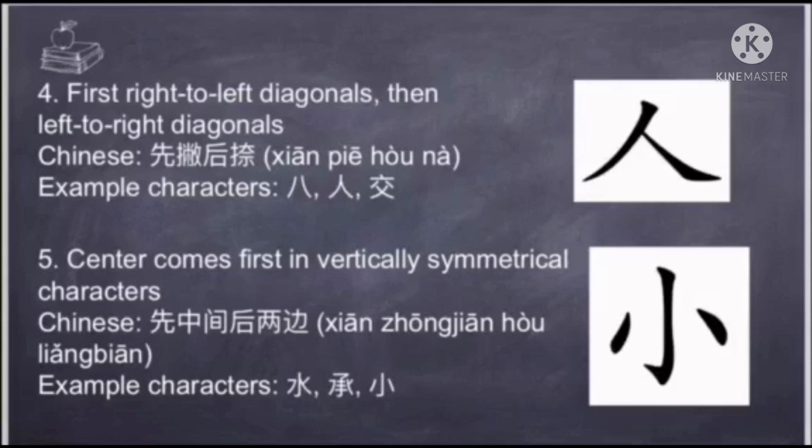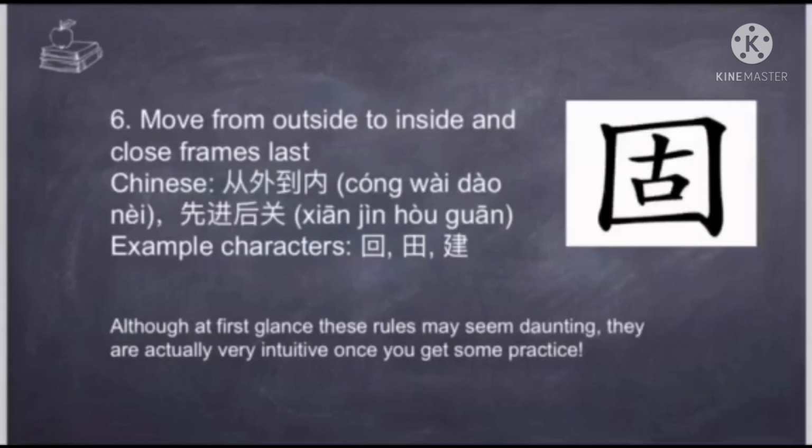Number 5, center comes first in vertically symmetrical characters. In Chinese, xian zhong jian hou liang bian. Number 6, move from outside to inside and close the frame last. In Chinese, cong wai dao nei, xian jin hou feng kou. Although at first glance these rules may seem daunting, they are actually very intuitive once you get some practice.